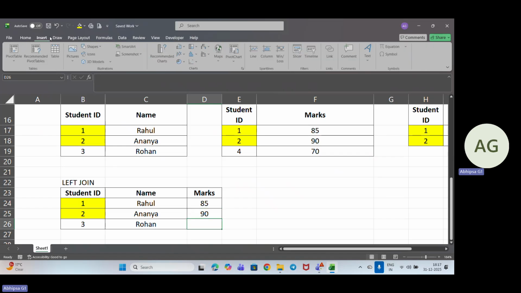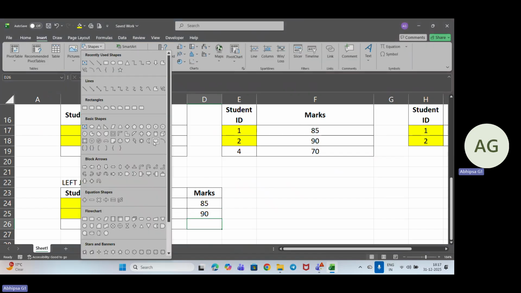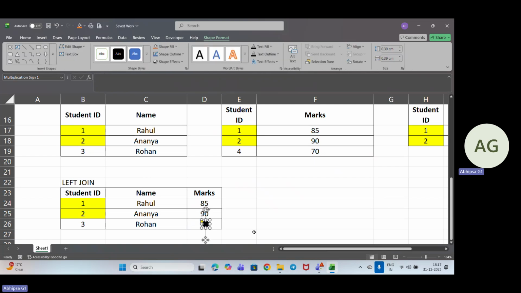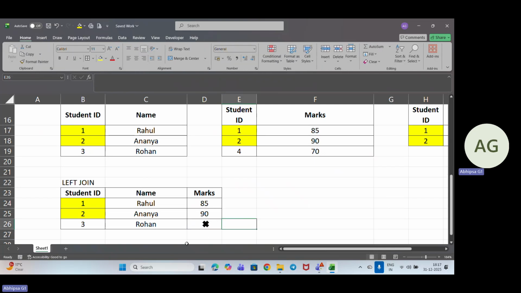So here we will add a shape. What kind of shape can we add? Just a moment. A cross shape we can add, right? So this is the cross shape. We can understand that for Rohan, we don't have the marks. This is left join.